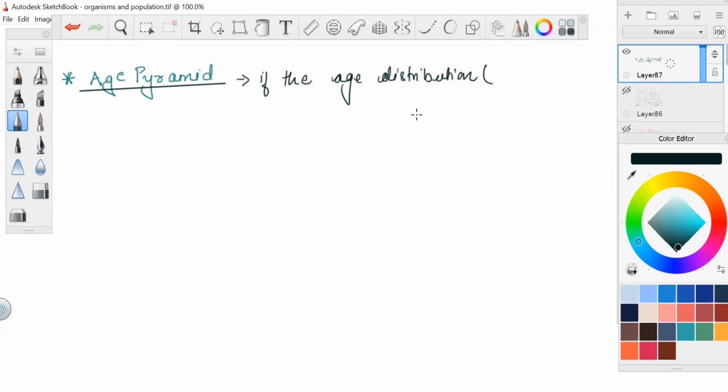What is age distribution? Percent of individuals of a given age or age group.